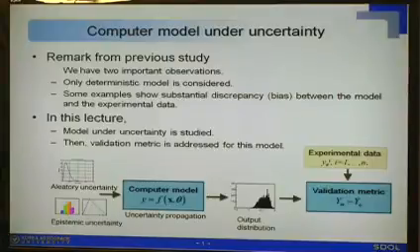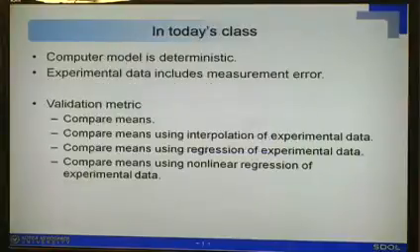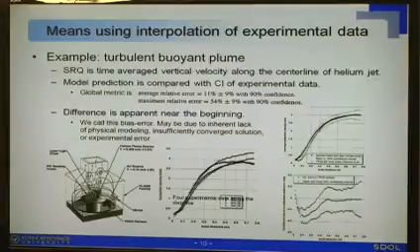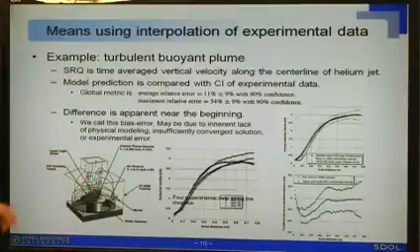So today, I still don't address this issue. Instead, I just let you know what it looks like. What is the meaning of the discrepancy? I can explain those things using the examples that I showed you in the previous class.